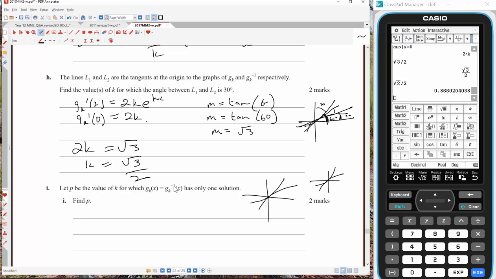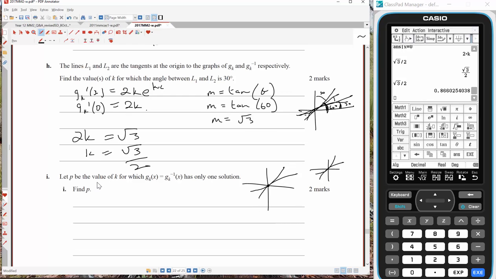Now, what we want is the gradient of this tangent to equal the gradient of this tangent. So we worked out the gradient of the first tangent, so we know that m of g_k equals 2k at x equals 0.